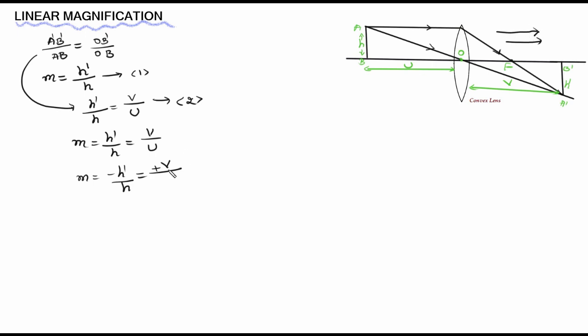Fine. So it will be minus U. This minus and minus will get multiplied and you will have M is equal to h dash by h is equal to V by U.